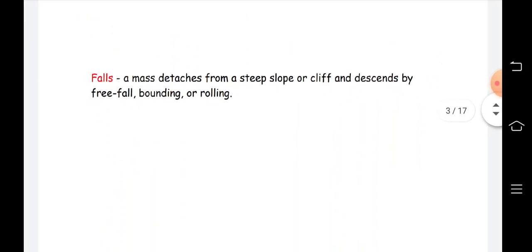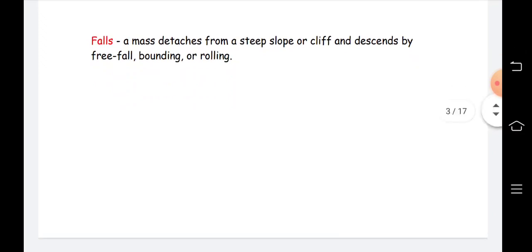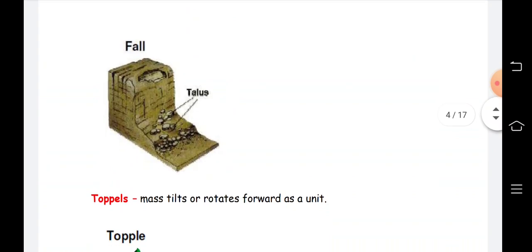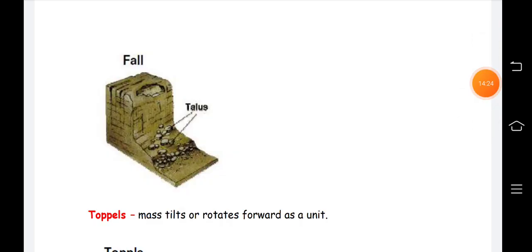Once again, this is called a fall, means detached from a steep slope or a cliff and descends by pre-fall. So this material can fall from this side.